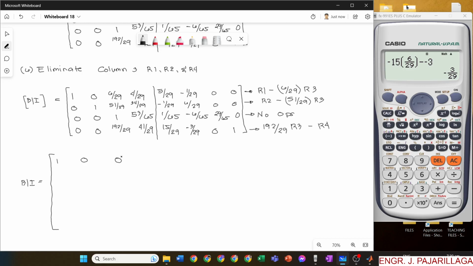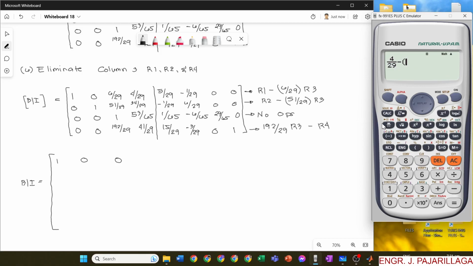That is equivalent to 0. And then we have 4 over 29 minus 6 over 29 multiplied by 53 over 65. And then we have negative 2 over 65. 4 over 29 minus 6 over 29. That should be 2 over 65. We have negative 2 over 65.